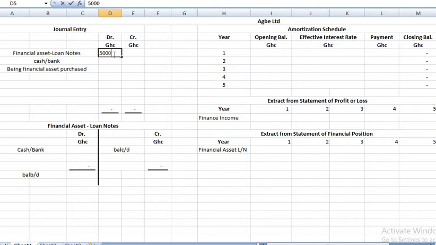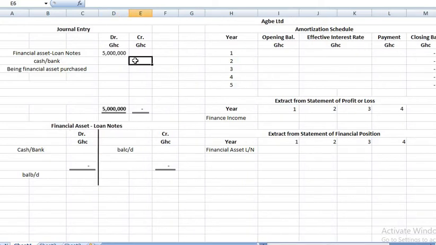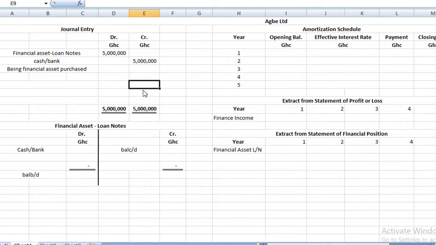So 5 million, and then we credit cash or bank also 5 million. We don't know whether it was paid by cash or bank. This is the financial asset purchase. So that's 5 million. As I said earlier, here there's no transaction cost, so we are not going to add anything or deduct anything.